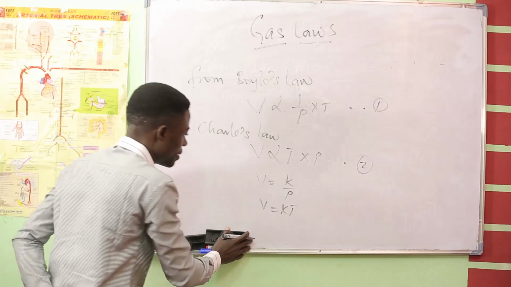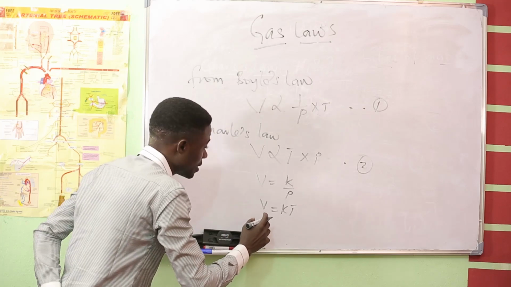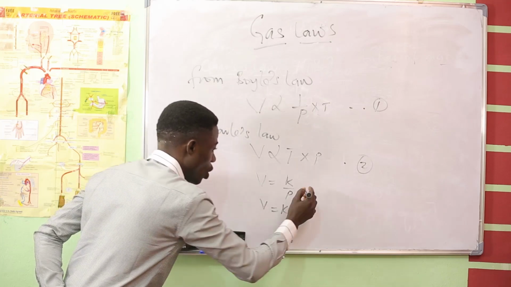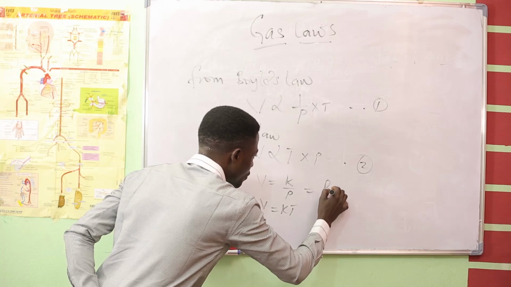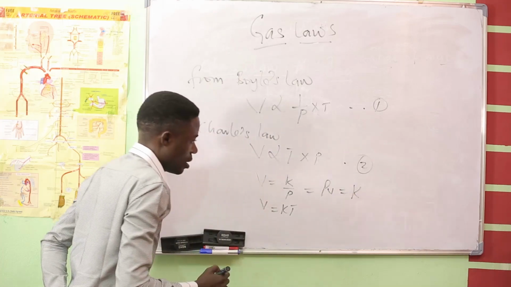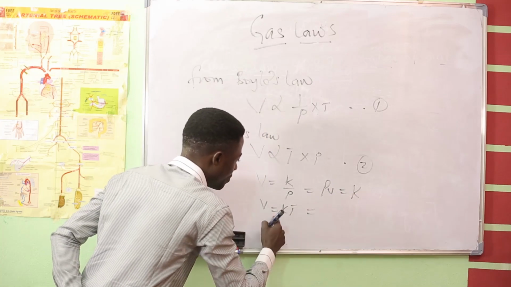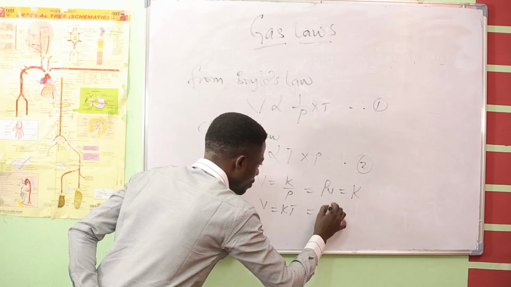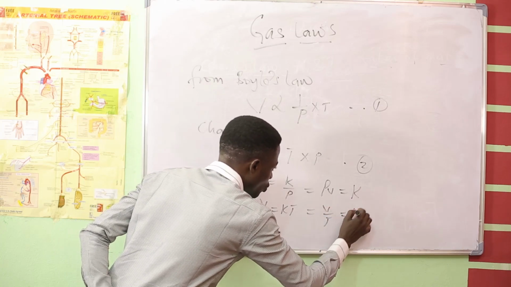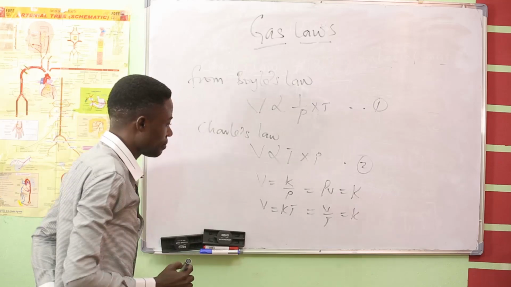In any case, we also have this as PV is equal to K, and we also have this as V over T is equal to K, our constant.